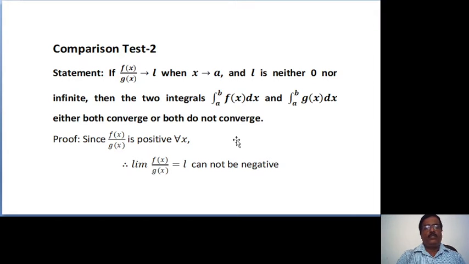As we know, since f of x by g of x is positive for all x, the limit as x tends to a of f of x by g of x equal to L cannot be negative.